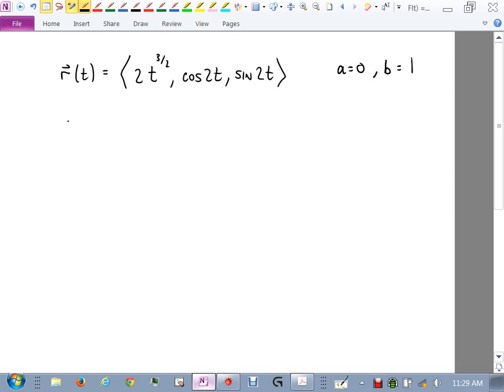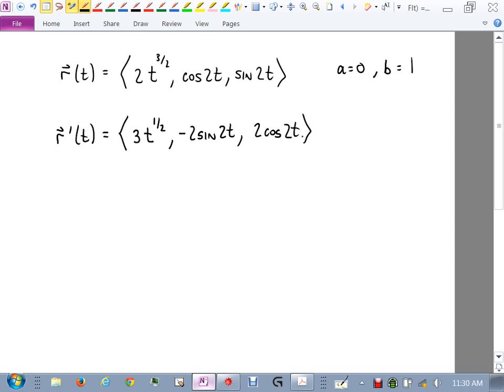So before I do arc length, how about we get the derivative? The derivative of 2t to the 3 halves is 3t to the 1 half. The derivative of cosine 2t is negative 2 sine 2t. The derivative of sine 2t is 2 cosine 2t.